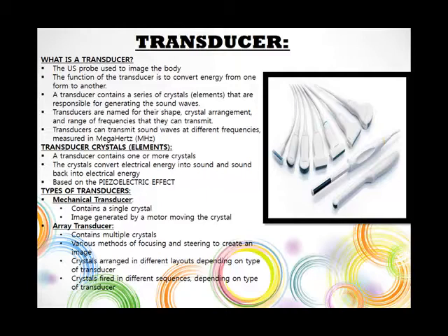These are transducers that have multiple crystals in them, and they use various methods of focusing and steering to create the image. And the crystals are all arranged in different layouts depending on the type of array transducer. And the crystals also can be fired in different sequences, and that also depends on the type of transducer. So most transducers today are going to be some type of array transducer. Mechanical transducers are kind of the old school technology.